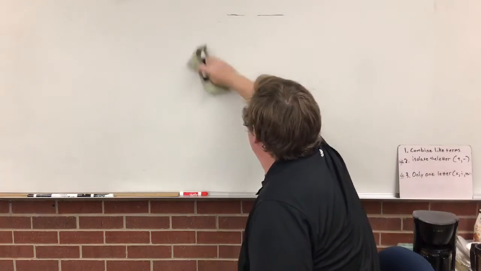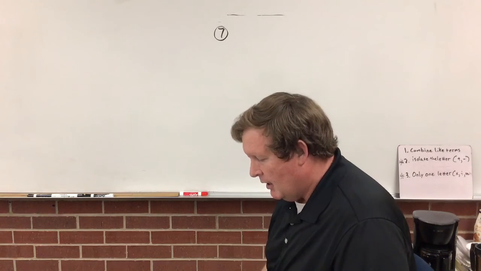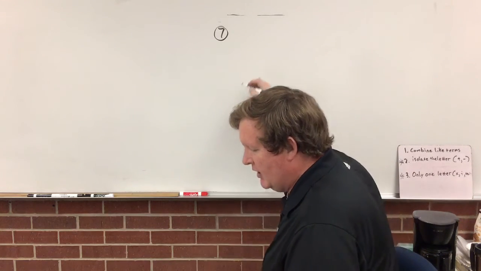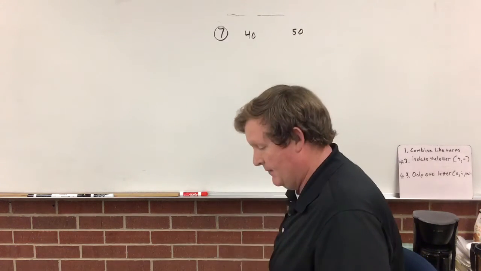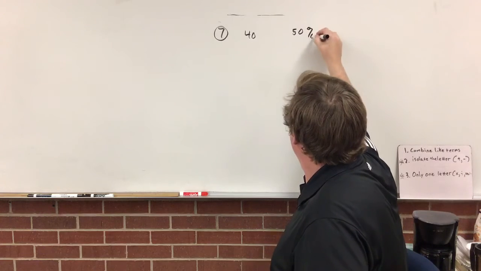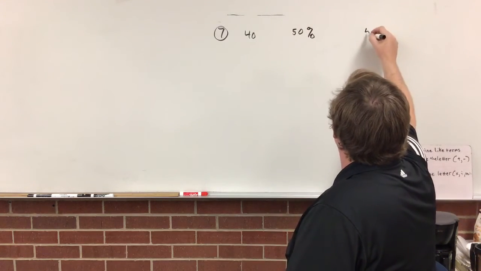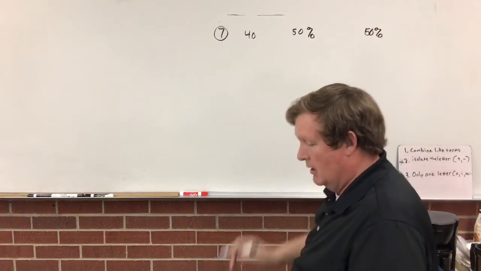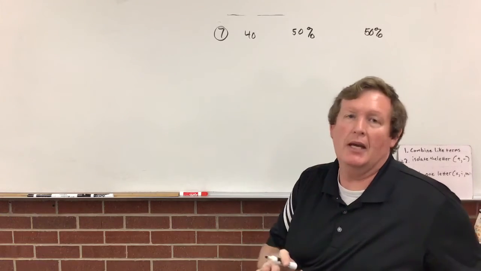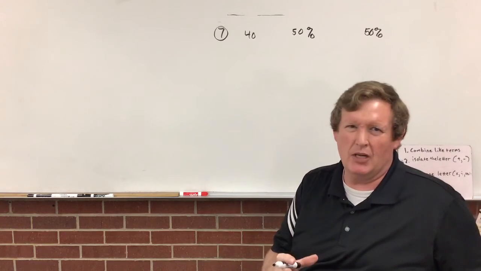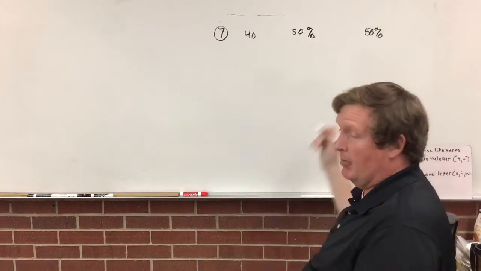Moving on. Number 7. A coat that originally cost $40 was marked up 50%. During the sale, the coat was discounted 50%. What was the sales price? So this is kind of a two-stepper problem. We have to do the first part to get the answer to do the second part.